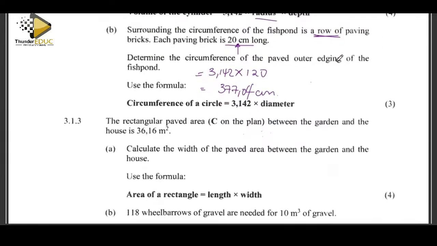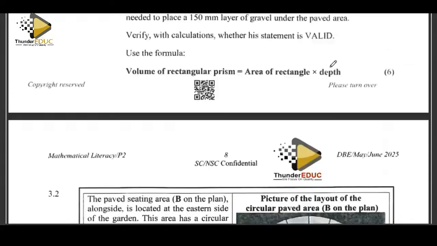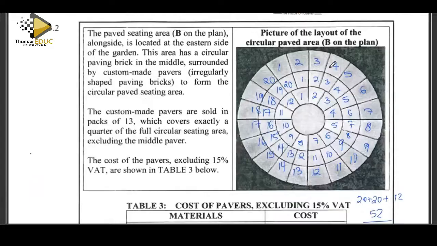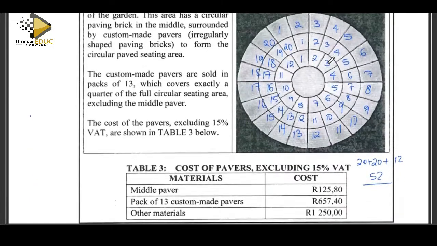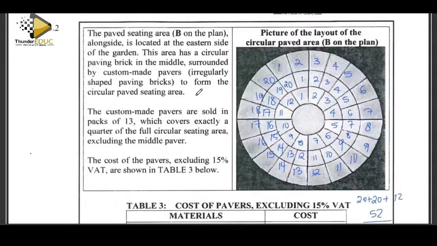All right, we look at 3.1.3, a rectangular paved area C between the garden. Determine the total number of paving bricks in the first row closest to the middle center.